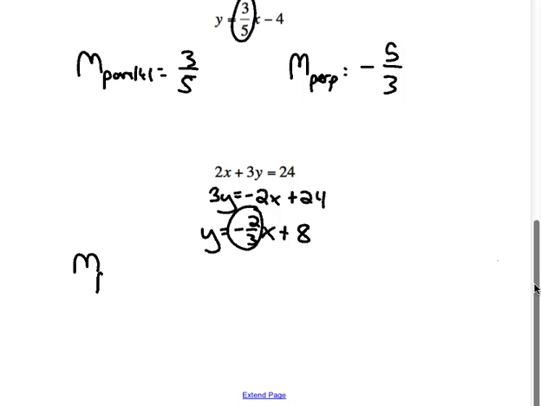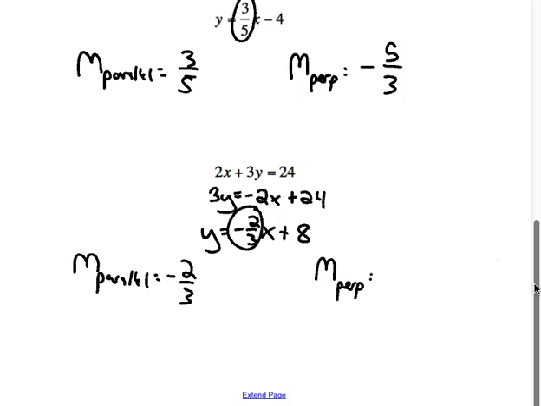So if I want the slope of a parallel line, remember that's going to be equal. So the parallel lines are going to be exactly the same. For perpendicular, remember flip the sign, flip the fraction.